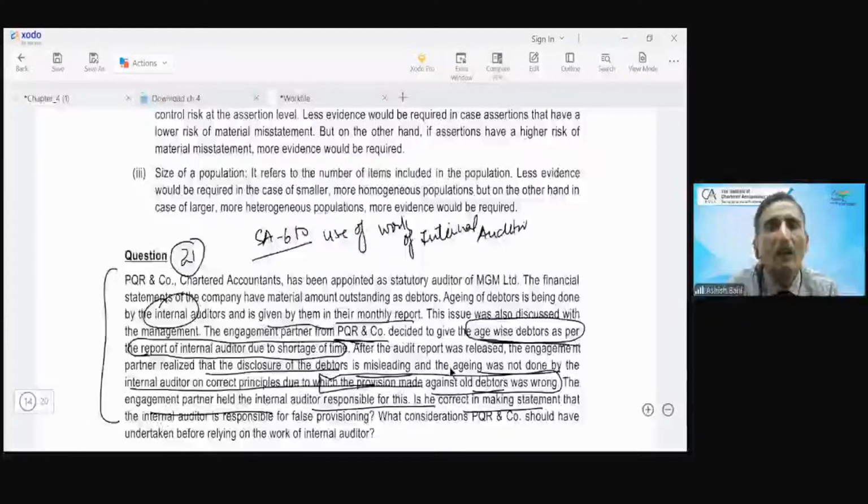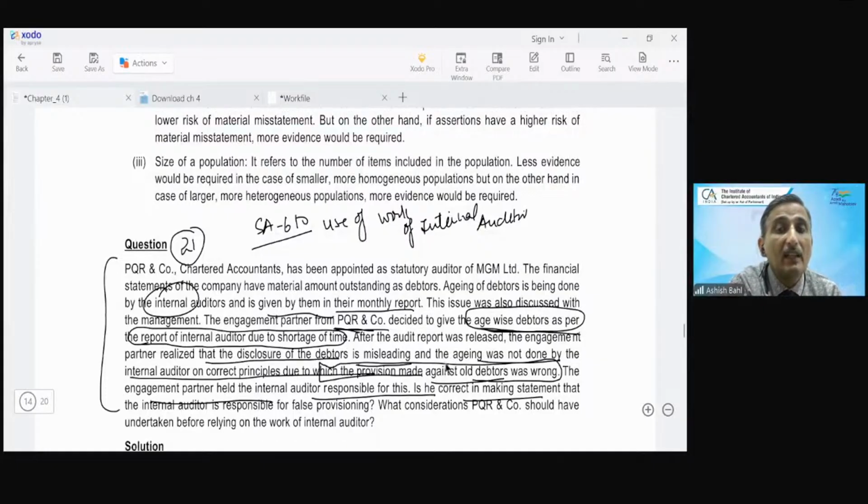Internal or external auditor? Who is responsible for false provisioning? Internal auditor or external auditor? No, Miss Mansuri, you are writing internal auditor.